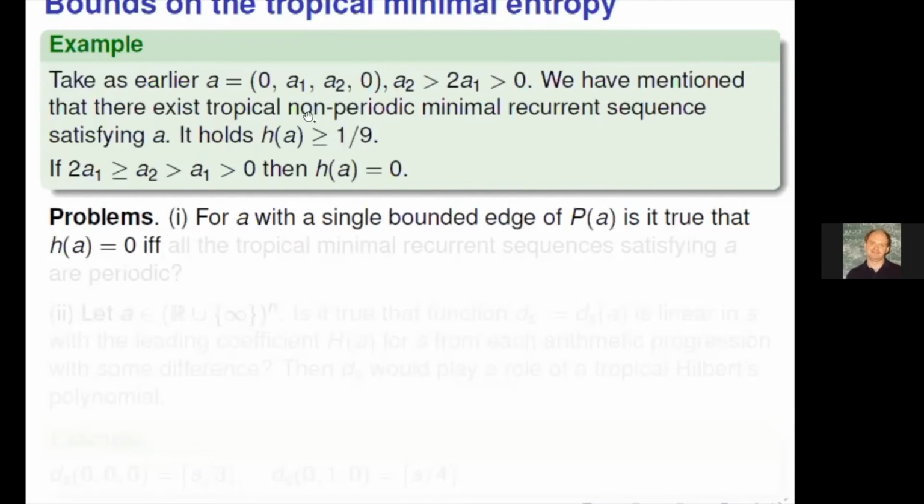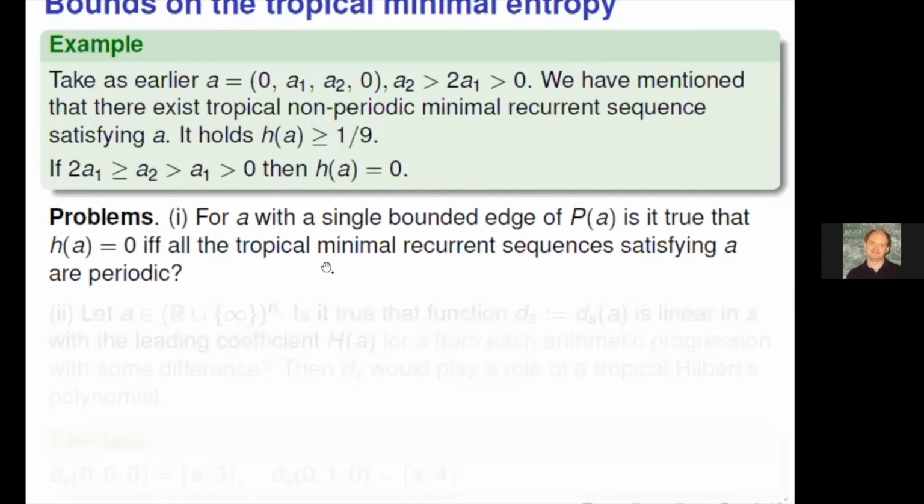So I put the following open question. Again, we assume that the Newton polygon has a single bounded edge. The question is whether vanishing of the small entropy holds if and only if all the tropical minimal recurrent sequences satisfying A are periodic.